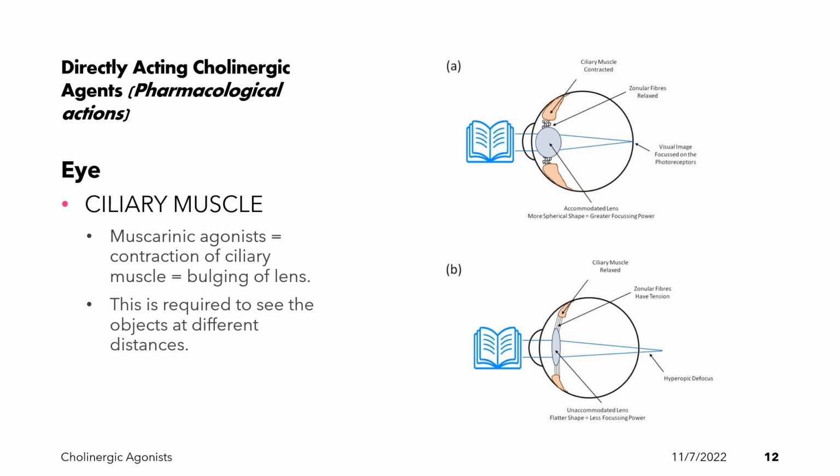The diagram shows what happens when a cholinergic agonist acts on the ciliary muscle of the eye. So this is what happens. The ciliary muscle contracts, leading to an accommodated lens. The lens becomes more spherical in shape, resulting in a greater focusing power.